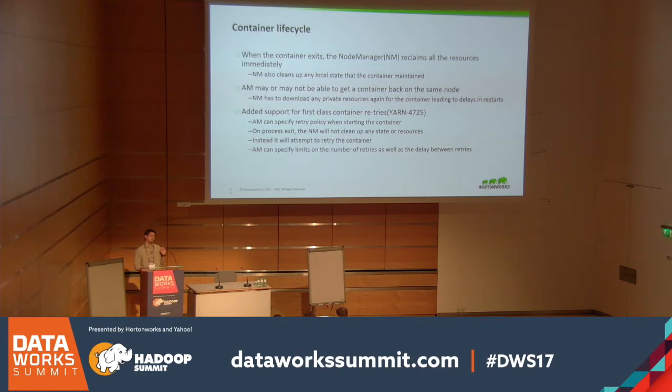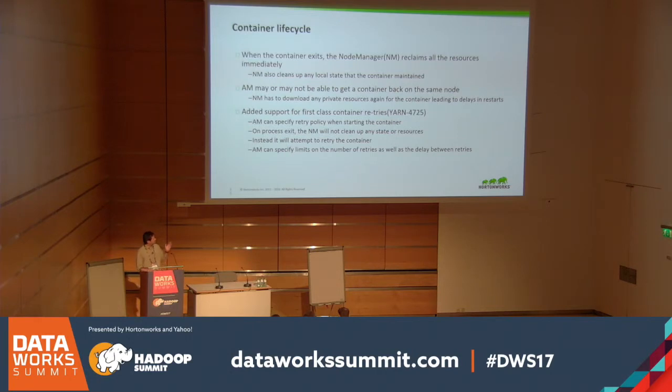A lot of folks doing ML will want to download a gig or 2 gigs or 3 gigs worth of model data. To re-download all those resources simply because your initial container was sized wrongly or ran out of memory is a fairly heavy price to pay, especially on heavily loaded clusters.